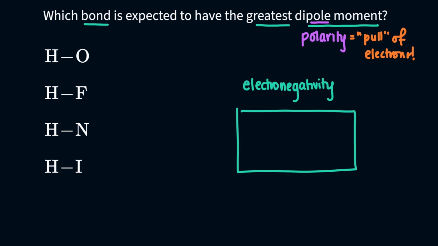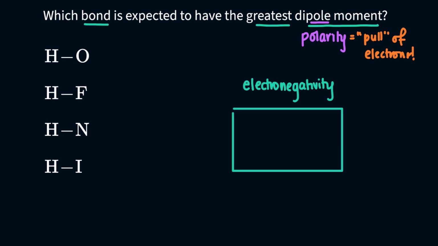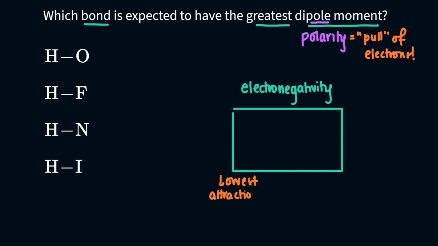And just as a review, right? Electronegativity, there is a trend. All you got to memorize are the two corners, and the two corners have F's in them. The lowest attractiveness towards electrons in a certain chemical bond would be Fr, francium, all the way down on the bottom left.